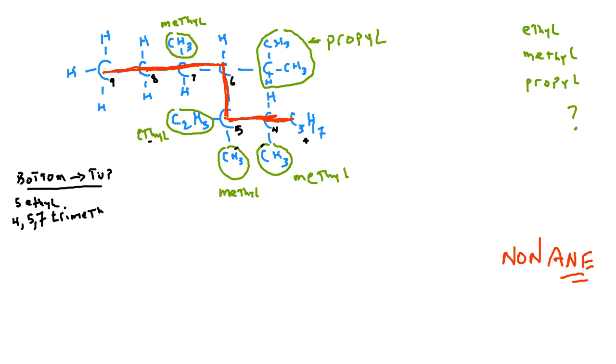And then finally, we have the propyl, and the propyl is here, and it's on carbon 6. And then we have a 6 propyl. And then we said this was nonane. Okay, so that's the bottom to top.